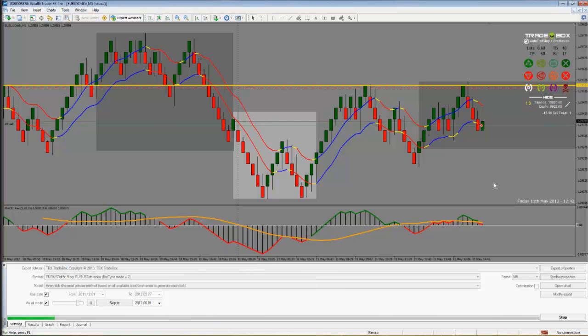and I'll speed that up a bit. Get ready to close out. It's just at those lows. So red candle, MACD's crossed over, and we've just formed our first.